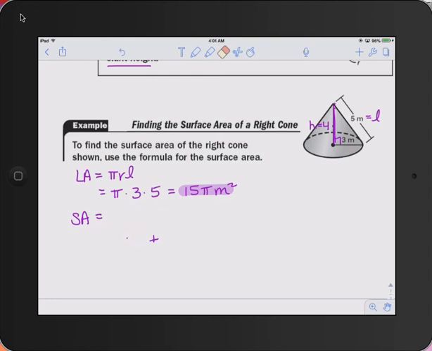I'm going to write it like base plus lateral area, and the base is pi r squared plus 15 pi. So pi times 3 squared is 9 pi, plus 15 pi is 24 pi meters squared. And that's your total surface area.